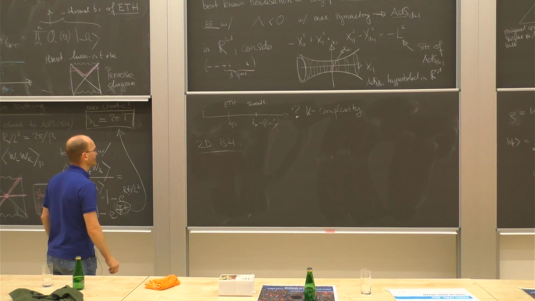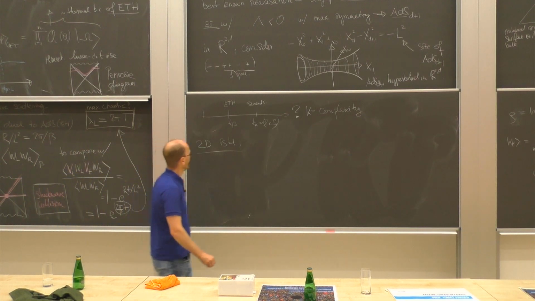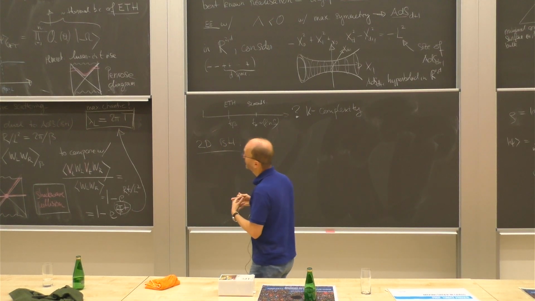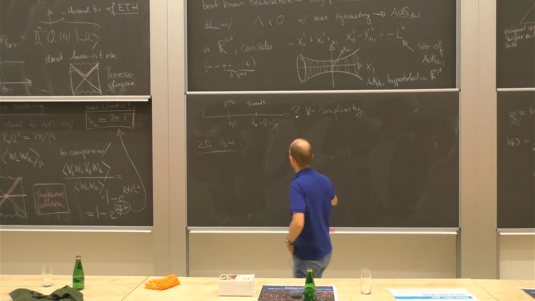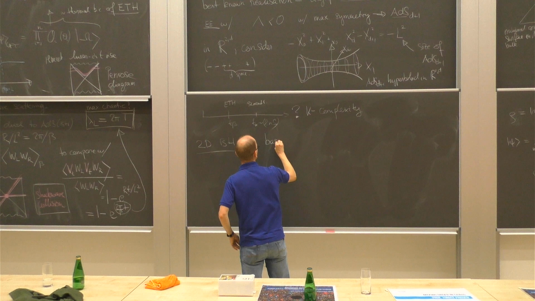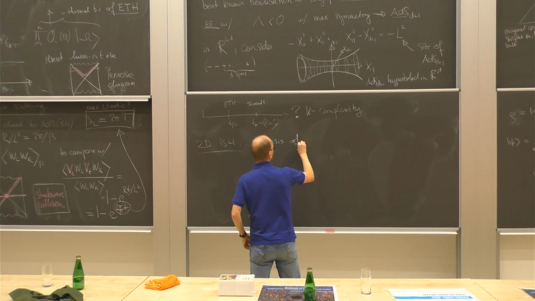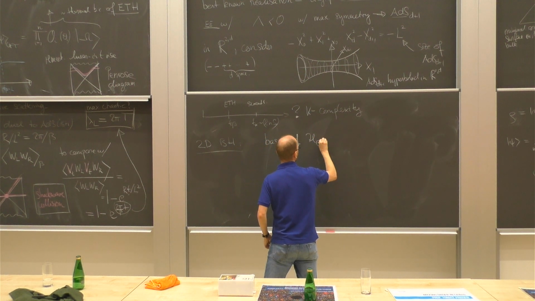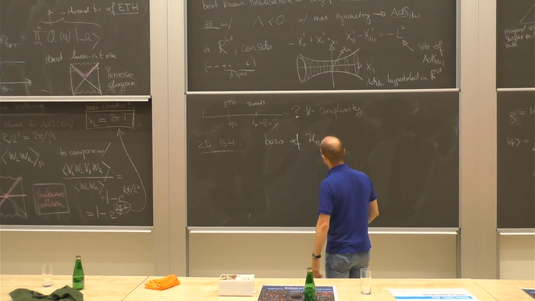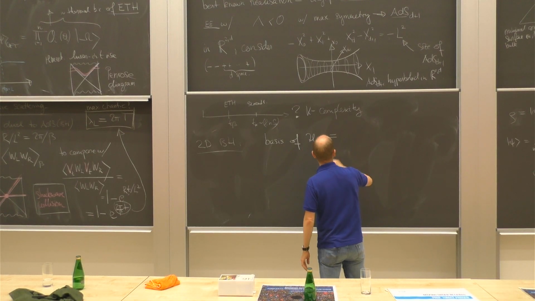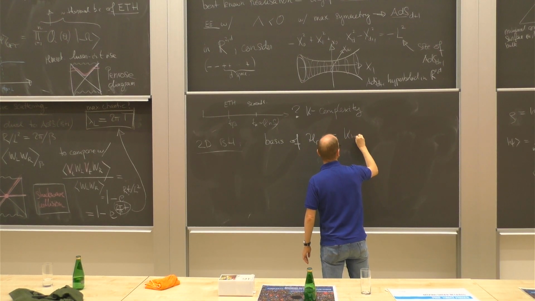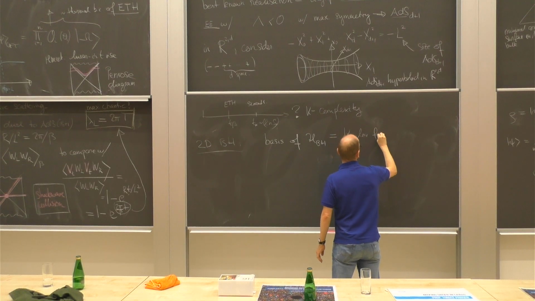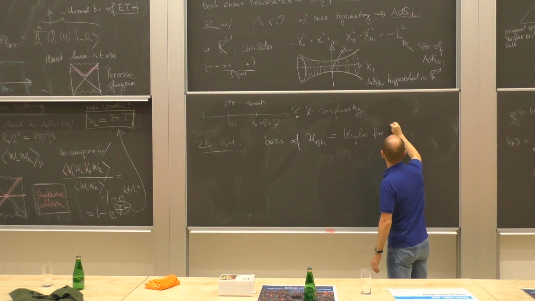In the 2D black hole, I can go really into the fully quantum regime, and I can build a basis of this black hole Hilbert space. And this basis of the black hole Hilbert space is nothing other than the Krylov basis for the boundary quantum mechanics.